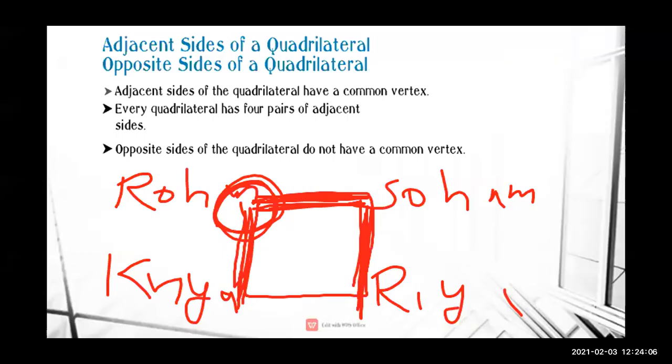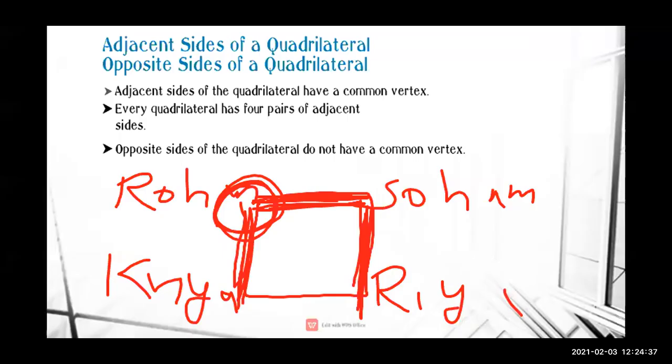Adjacent sides means two sides connected at a point, and that common point will be your common vertex. Now can you tell me the other name I will take, the one which is connected? Very good.